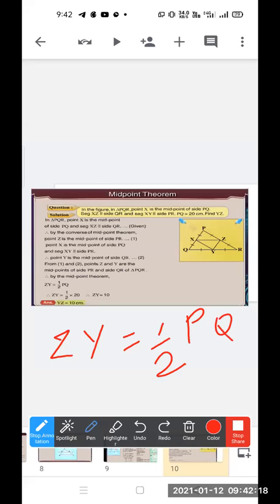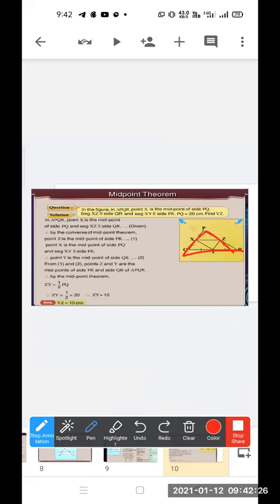Consider this triangle, and here you can see YZ is parallel to PQ, therefore YZ is half of PQ. So PQ is given how much, children? It is given 20 centimeter.